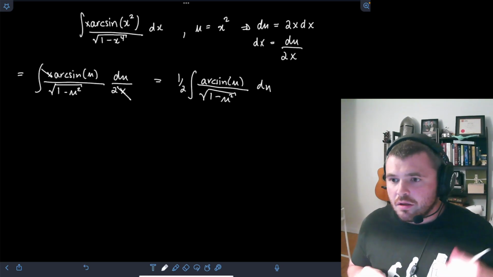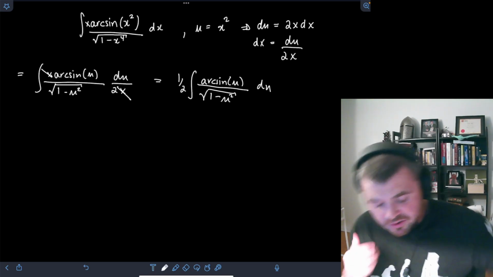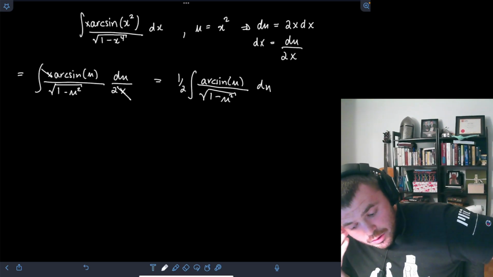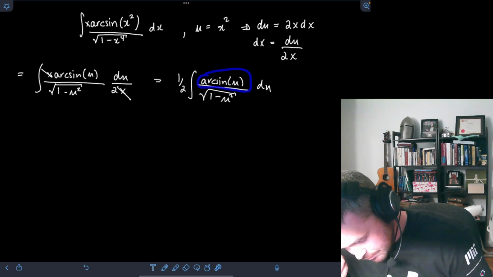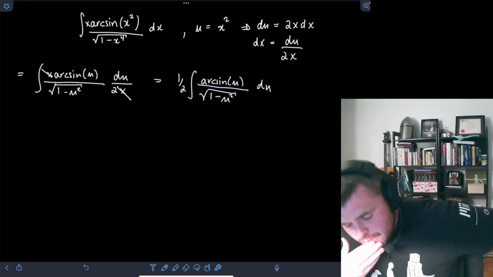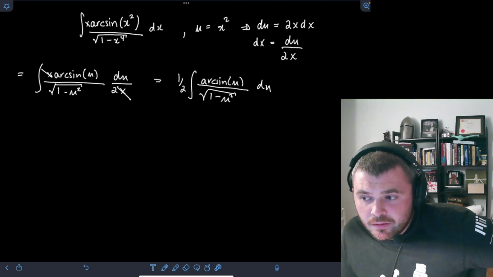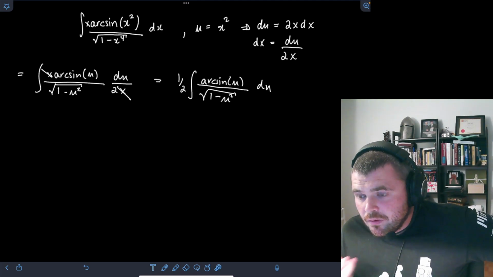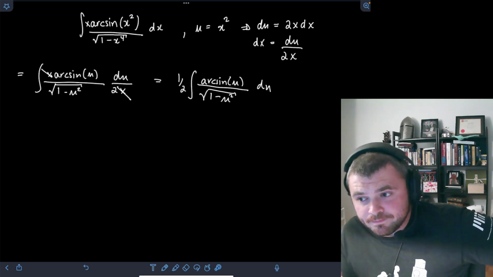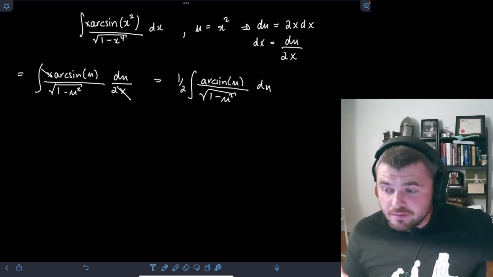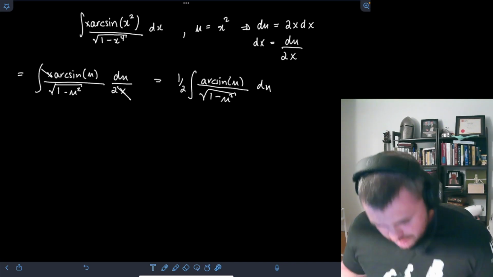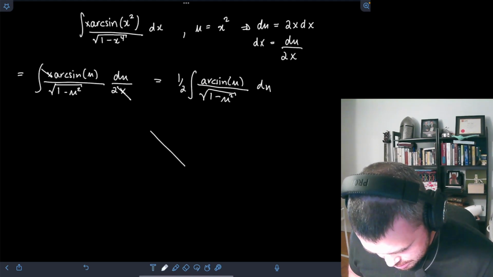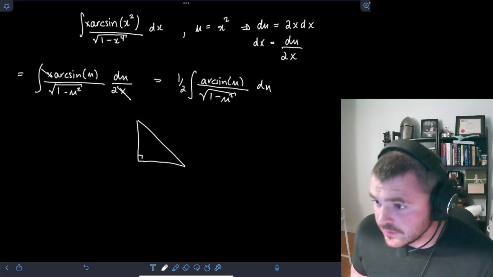Now, looking at all the residual terms, we see that this term is directly a trigonometric term. And this one reminds us of a Pythagorean identity, right? Or a Pythagorean triangle, which is related to trigonometric identities. So we can start by drawing a right angle triangle, like this.